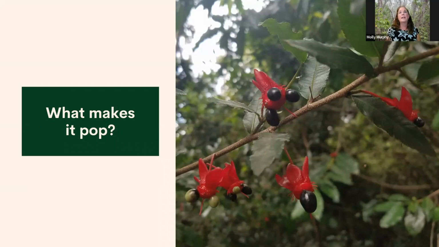But one thing that sets Ochna serrulata apart from other members of the genus is it's got lenticels on the stems. If you look closely at the stem right there, you can see these white bumps. That's a really defining characteristic of this plant. So you want to take a step back and think, what's different about this plant? What could help me identify it? Next slide.